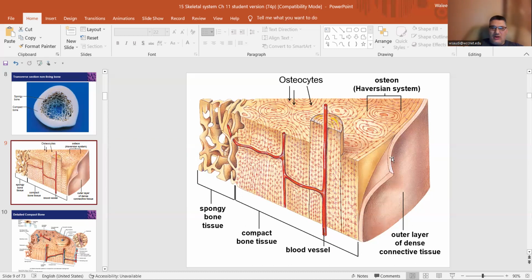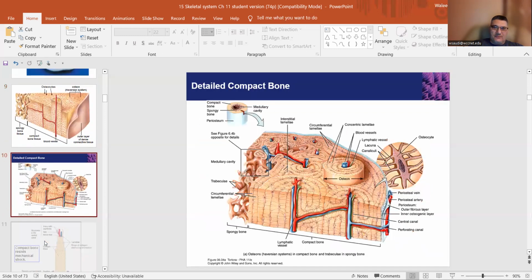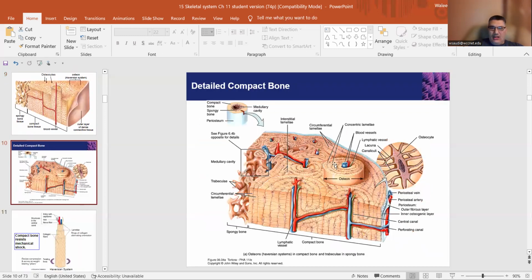Just for your understanding. And look at this outside. This is the outside here, which is the periosteum. And then look at this. This is the compact bone. And look at the inside here, spongy bone. And these are the trabeculae. These are the osteons. Same thing here, just showing you an inner picture, but what I told you is enough. The outside is periosteum.